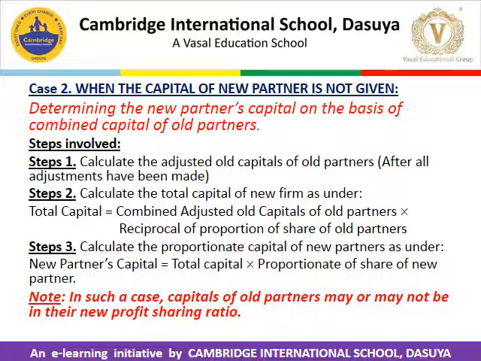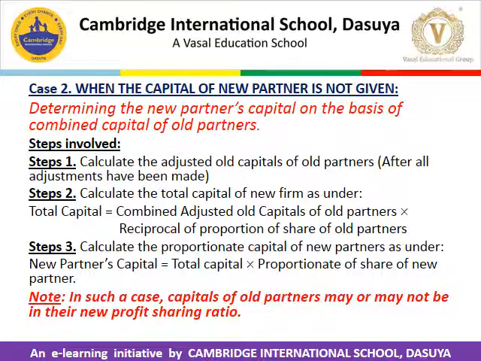We will calculate the total capital of the new firm with the help of combined adjusted old capitals of old partners multiplied by the reciprocal of the proportion of share of old partners in the new firm.